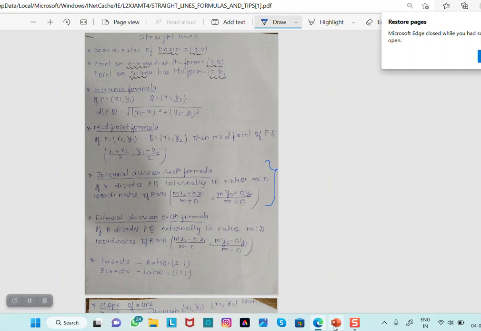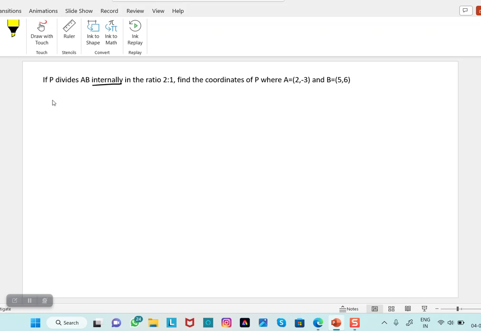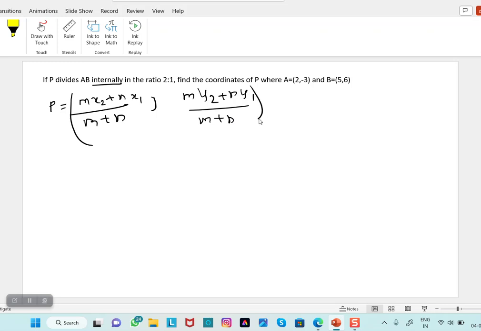So using this formula, we write down the coordinates of P as (mx2 plus nx1) upon (m plus n), (my2 plus ny1) upon (m plus n). Now you are given the two points. Your two points are A is (2, minus 3) and B is (5, 6).